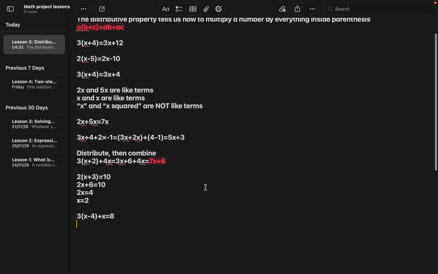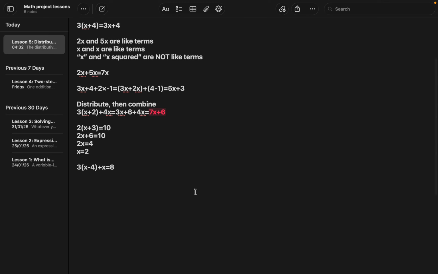Here it becomes 3x minus 12 plus x equals 8. And here we get 4x minus 12 equals 8.